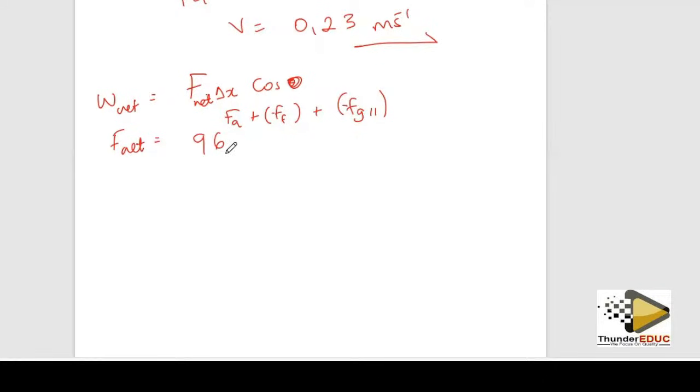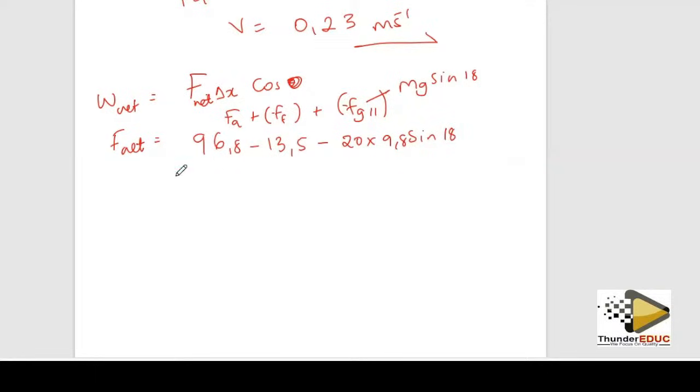So this is 96.8, minus the frictional force, which was 13.5, and then minus FG parallel. Remember, FG parallel is given as mg times the sine of the angle of inclination, which is 18 degrees in this case. So it's going to be 20 times 9.8 multiplied by the sine of 18.